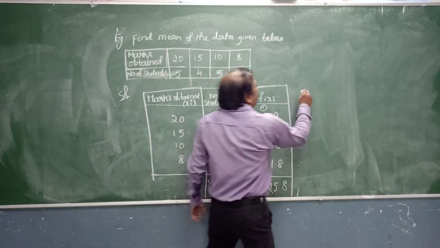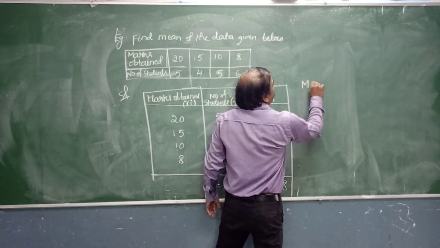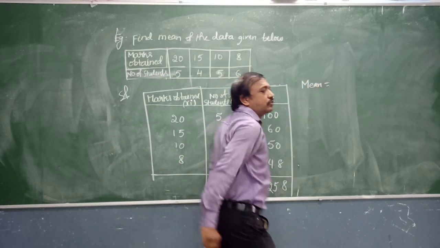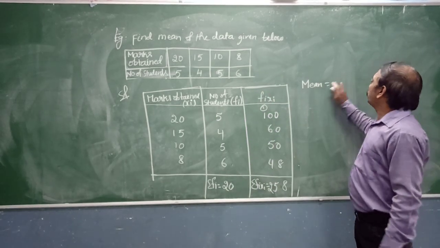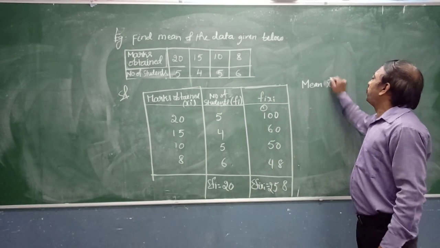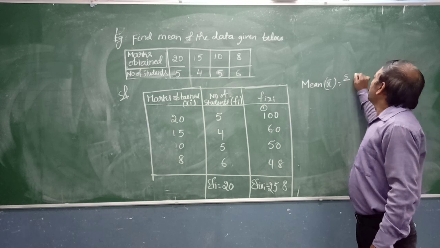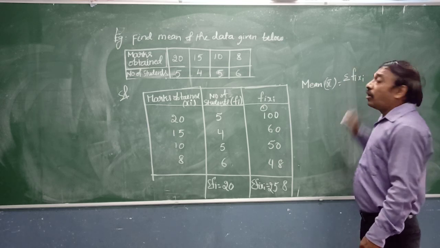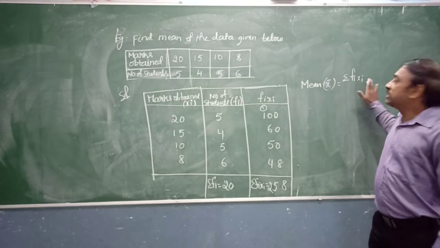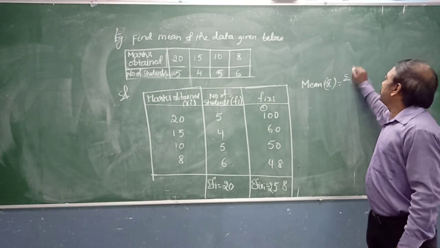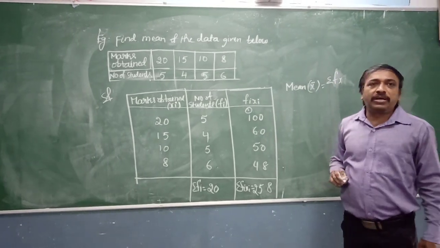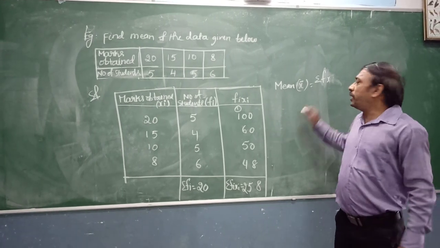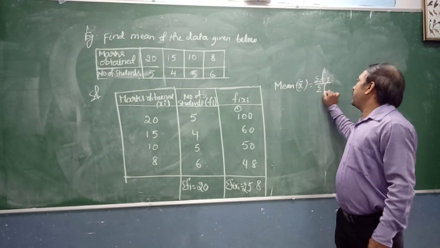So for the mean, first we write the formula. Mean, denoted by x bar, is equals to sigma fi xi, or shortly you can write sigma fx. Both are correct: sigma fx by sigma f.